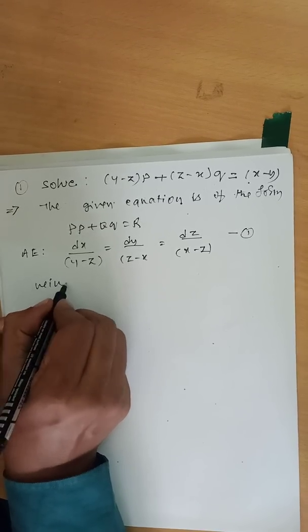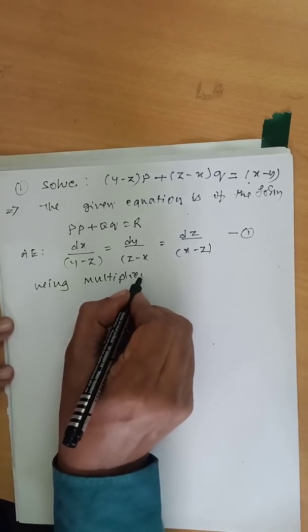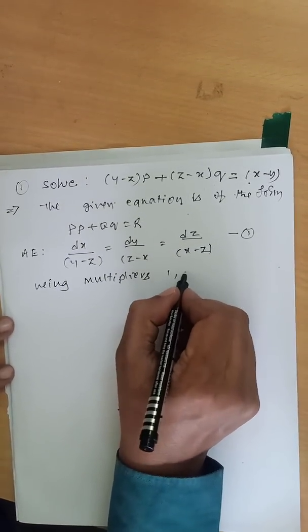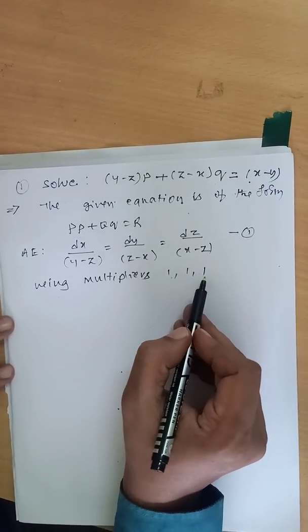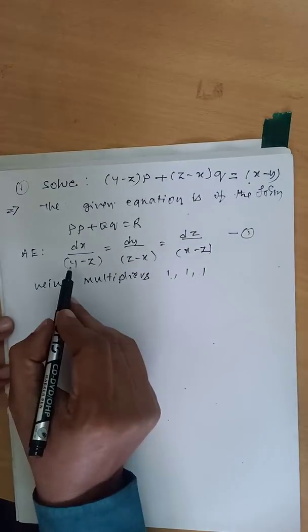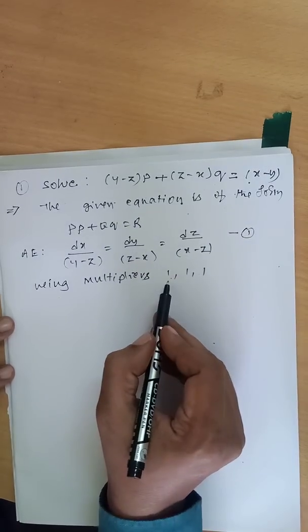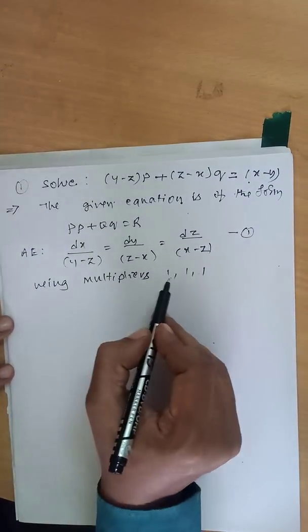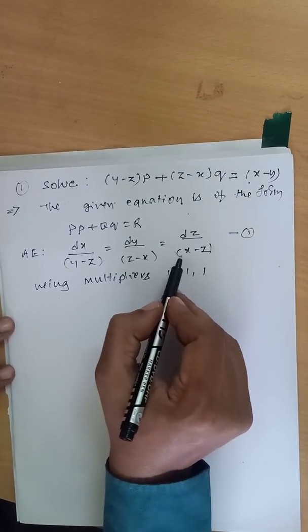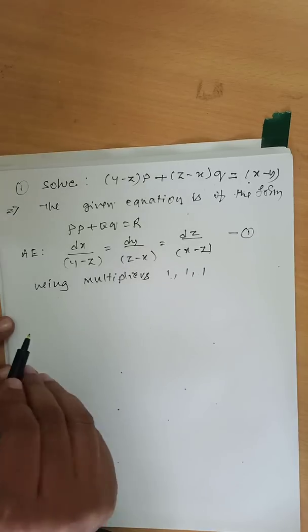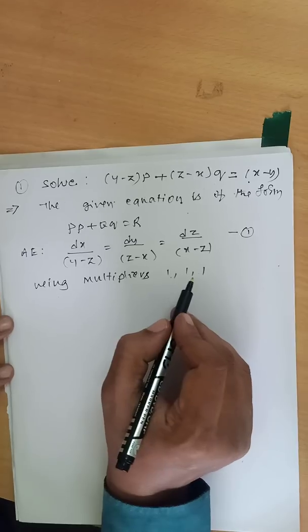Using multipliers, I can choose 1 comma 1 comma 1, because when you are choosing 1 1 1 and adding the denominator, see, y minus z plus z minus x plus x minus z, you first multiply 1 to this term, adding 1 into this term plus adding 1 into this, so the denominator is equal to 0. That is why I can choose first 1 1 1.